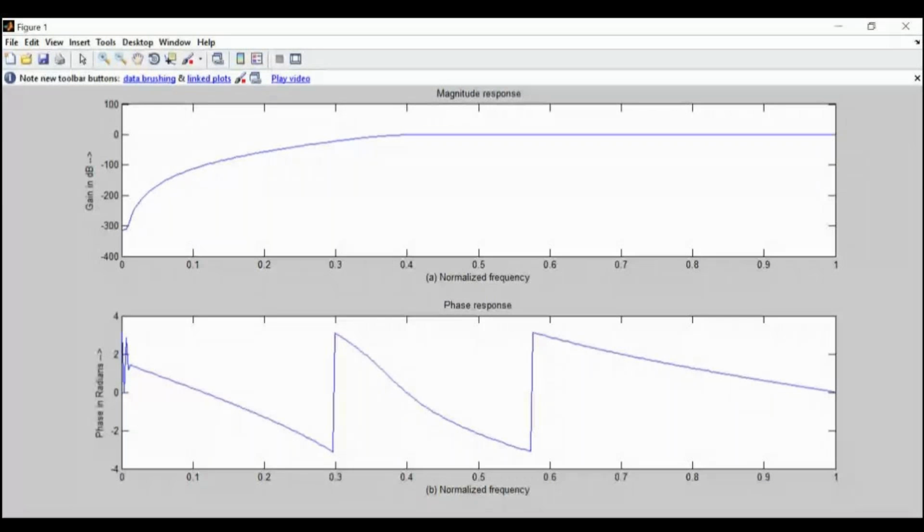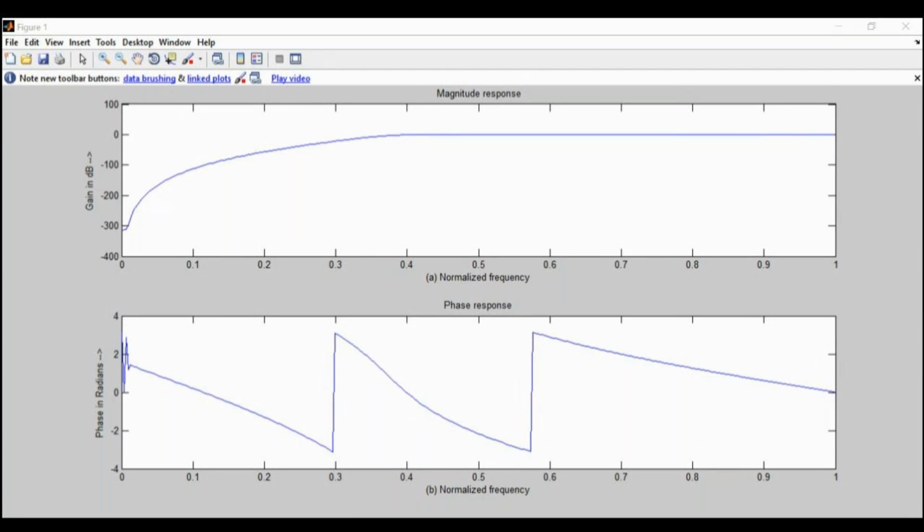Right. I will share the figure window now. So this is the figure window for this Butterworth high pass filter.